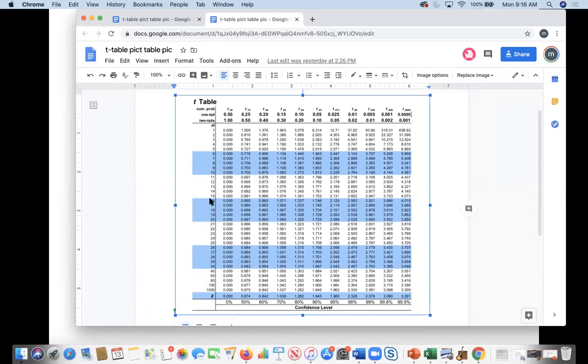It goes 1 through 30, and then it skips to 40, 60, 80, 100 to 1,000. So we're not including every degree of freedom between 1 and 1,000, but these are a lot of the different sample sizes and degrees of freedom that can occur.